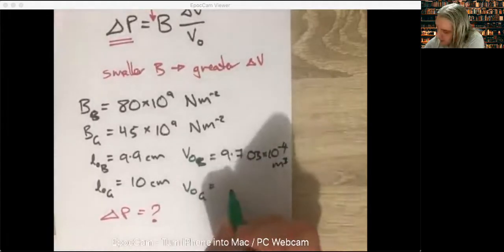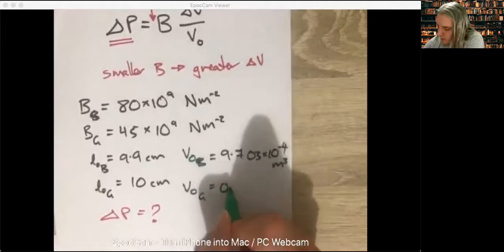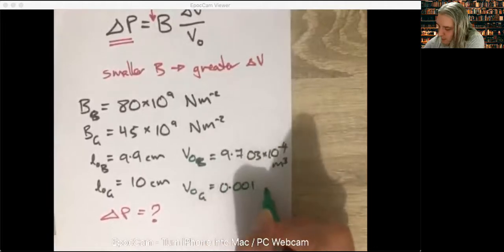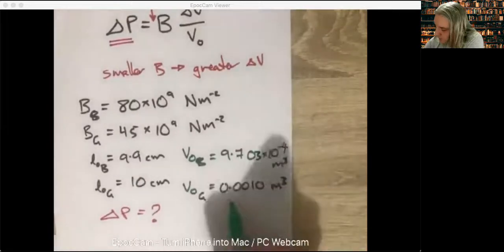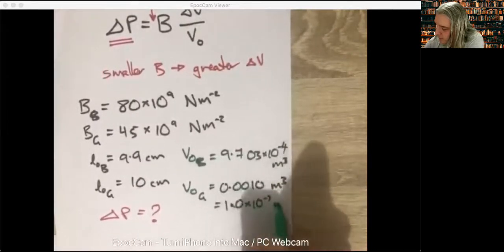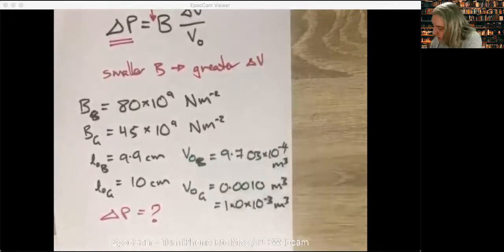And for our granite one, we get 0.001 cubic meters, or in scientific notation, 1.0 times 10 to the minus 3 cubic meters. So those are our two original volumes.